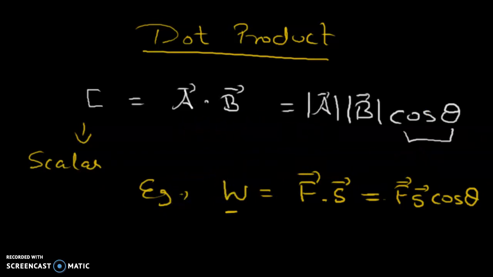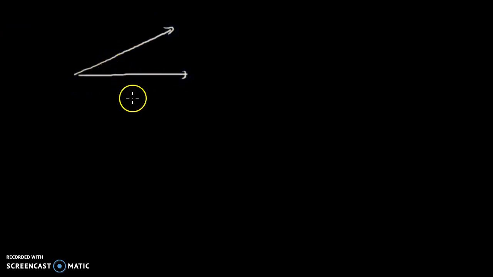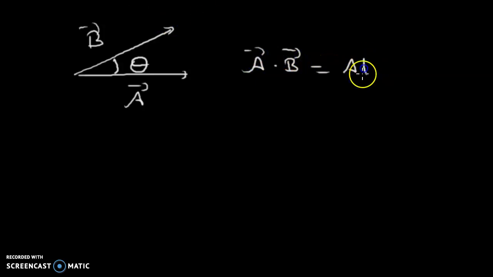Then there is one more important thing I shall discuss with you. Say there are two vectors, vector A and vector B, and the angle between them is theta. So I can write A dot B as magnitude of A, magnitude of B and cos theta.